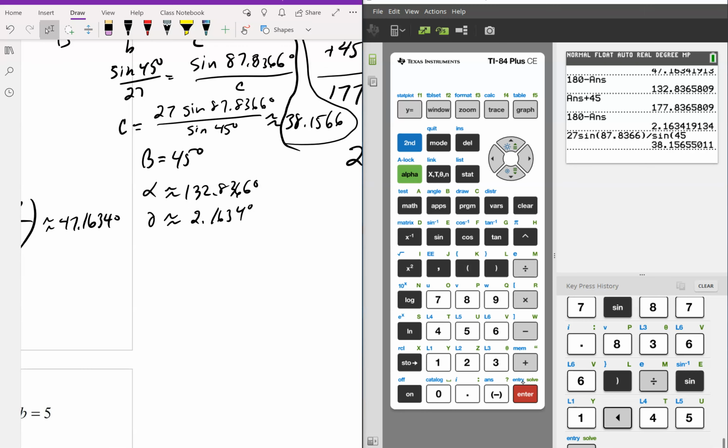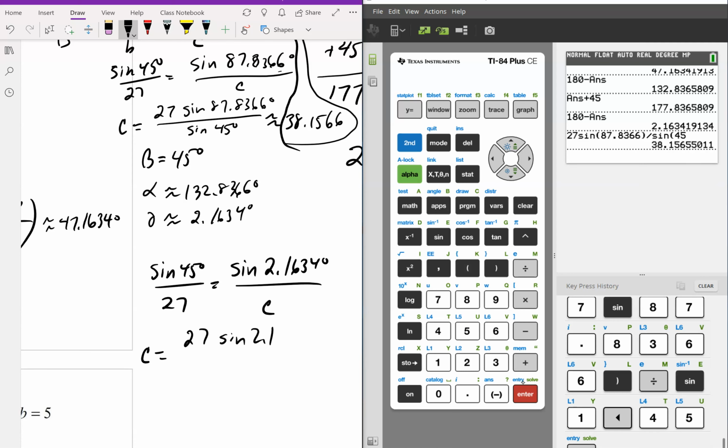For the other one, we're going to do the exact same computation with the beta. I'll have sine of 45 degrees over 27 equals, well, the other possibility for gamma was the 2.1634. So I'll do sine of 2.1634 over C. The steps are the same when solving this. You just have a different number inside the sine.